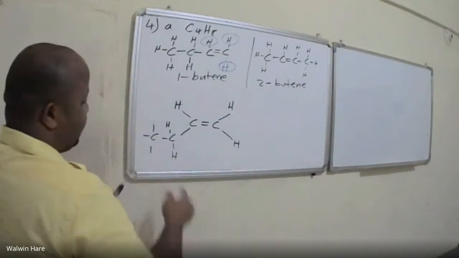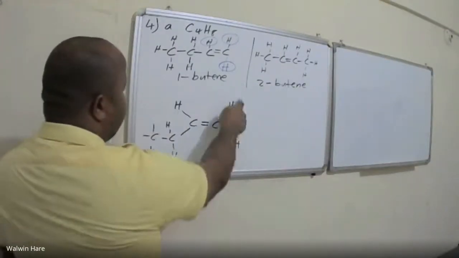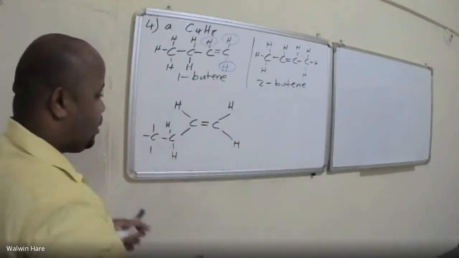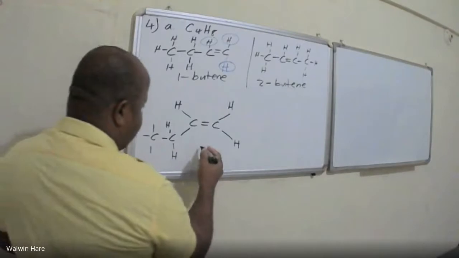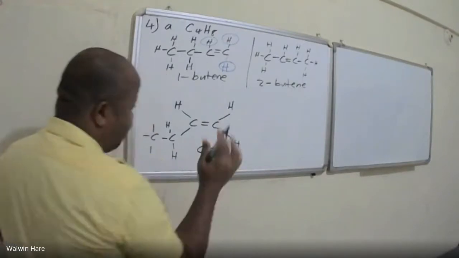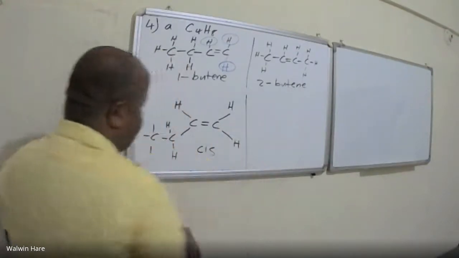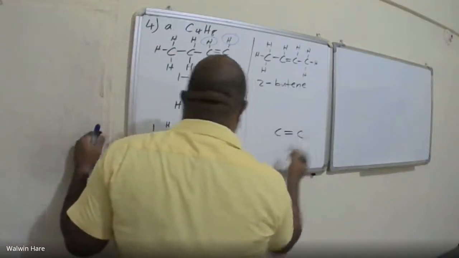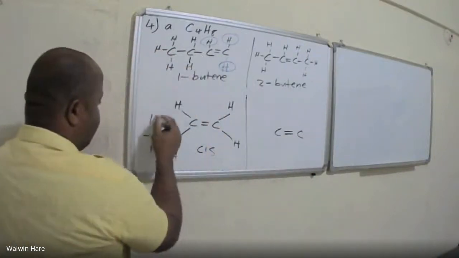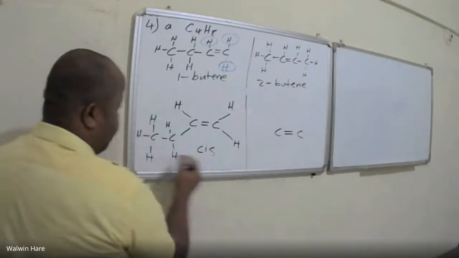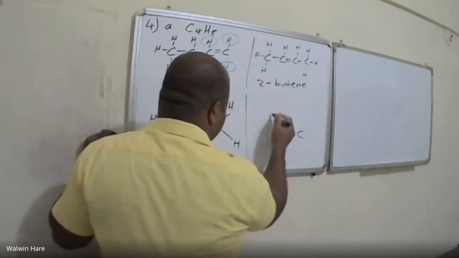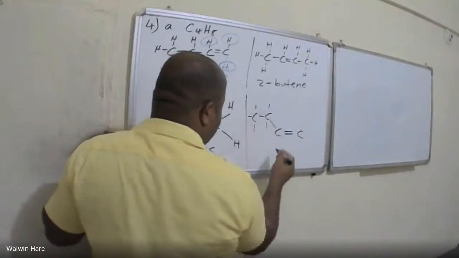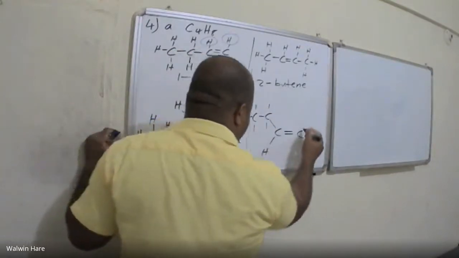Alright? So let's say we're looking at this. I'm saying this is cis because the two hydrogens are on the same side. So let's call this cis for a moment. So trans now, let's bring this up, the CH2, CH3, and then the H is here.